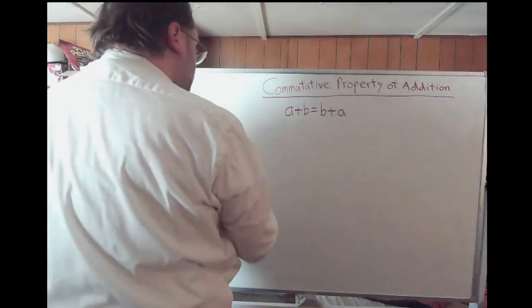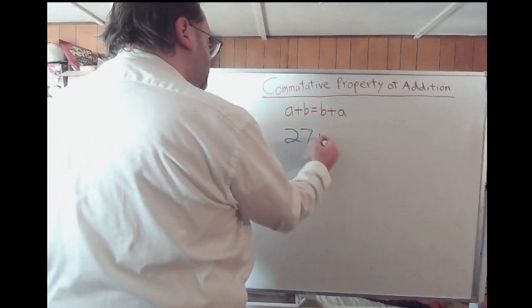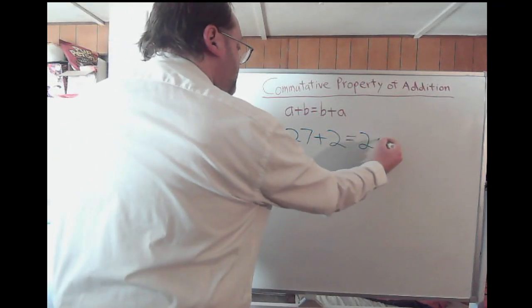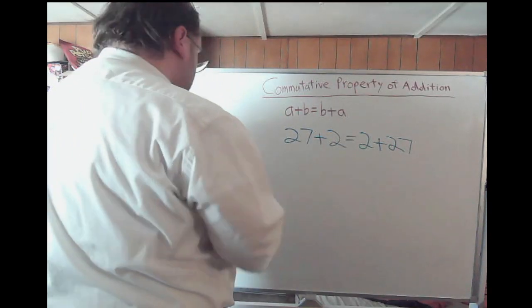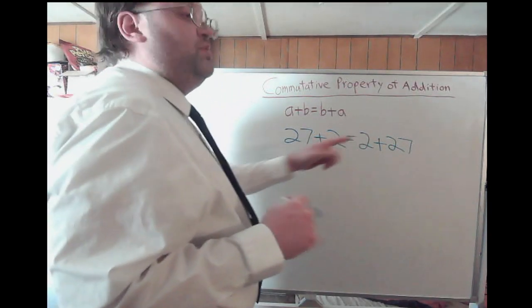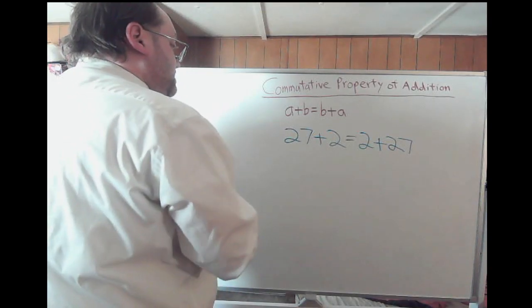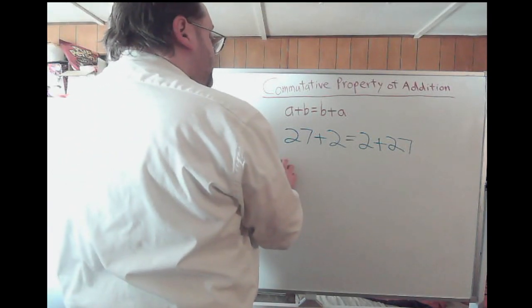Or let's say you had 27 plus 2. Well, that would be the same as 2 plus 27. You would get the same result either way. The numbers just move around, they commute. You can do that with addition. Just know you can do that with addition.